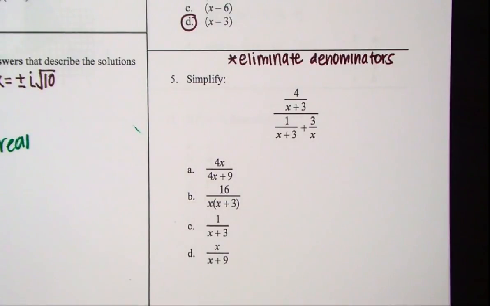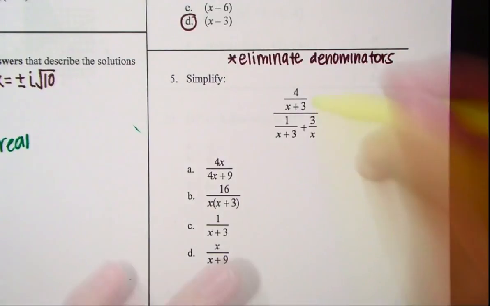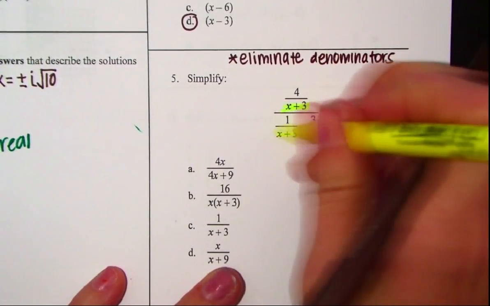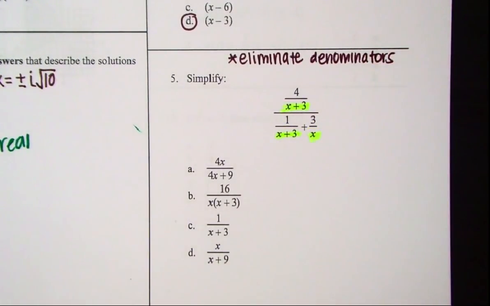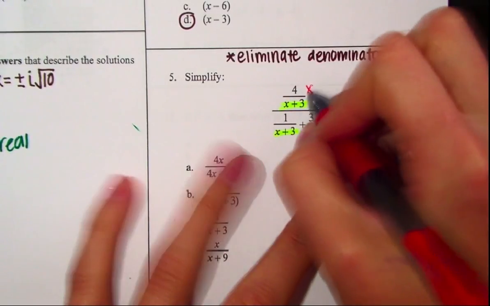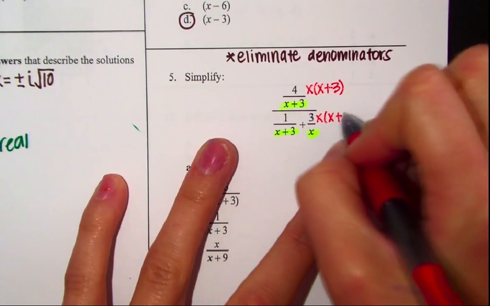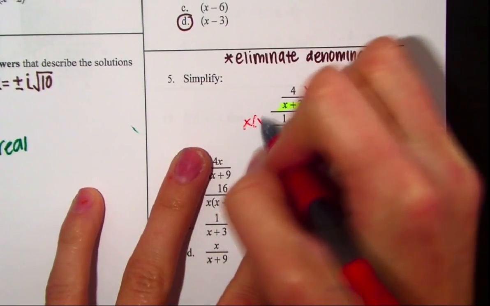So you want to multiply by the LCD of these fractions, or of these denominators. So in order to cancel those 3 out, we would have to multiply each of our fractions by both x and x plus 3, so that they can cancel.